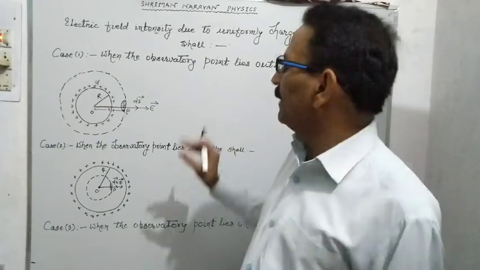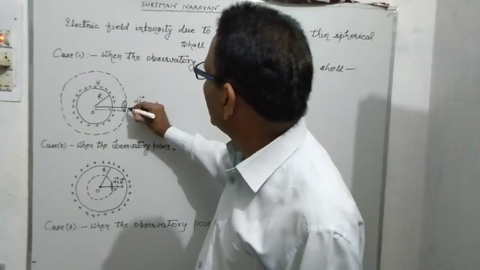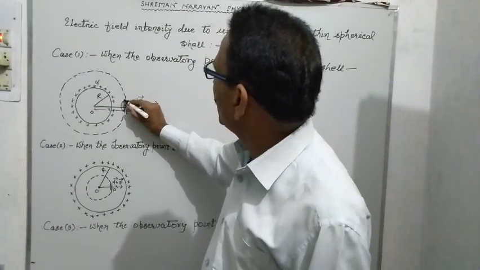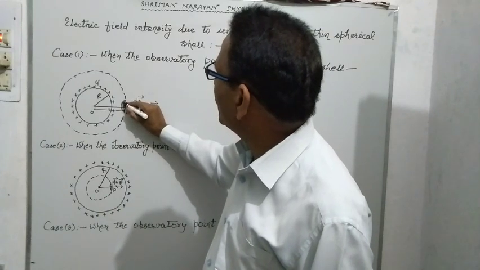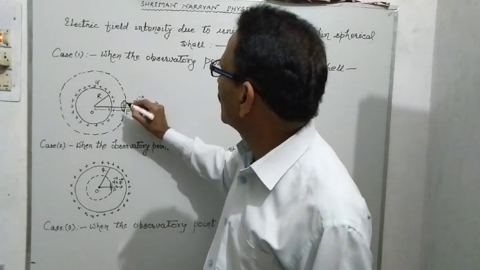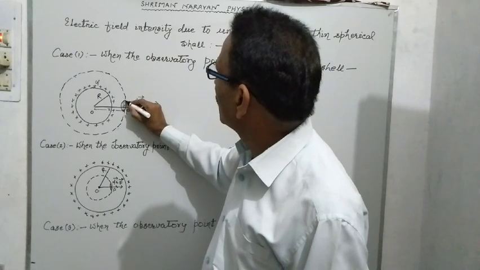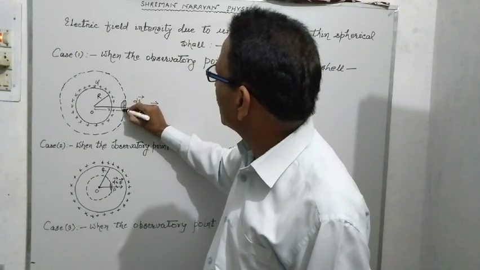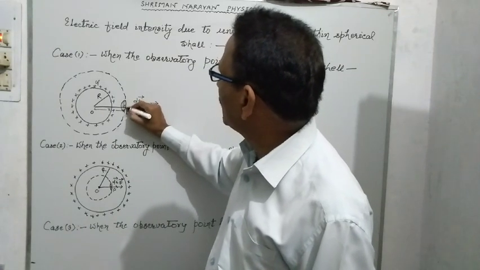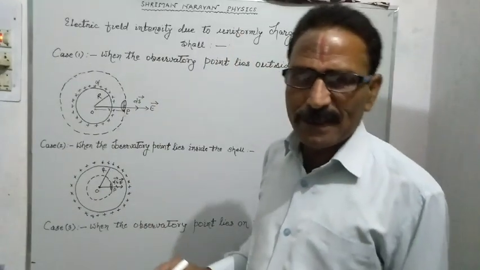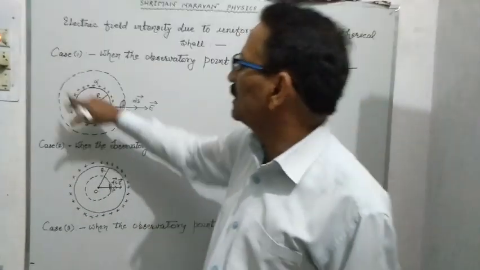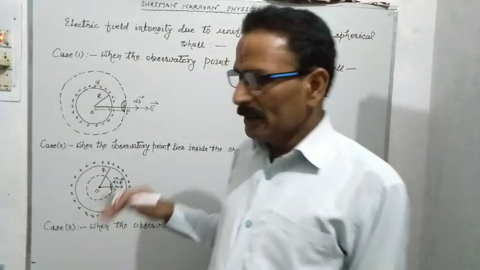Now to find the value of electric field intensity at the point P, we consider an elementary area of this Gaussian surface. You can see this shaded part representing the elementary area of this Gaussian surface.